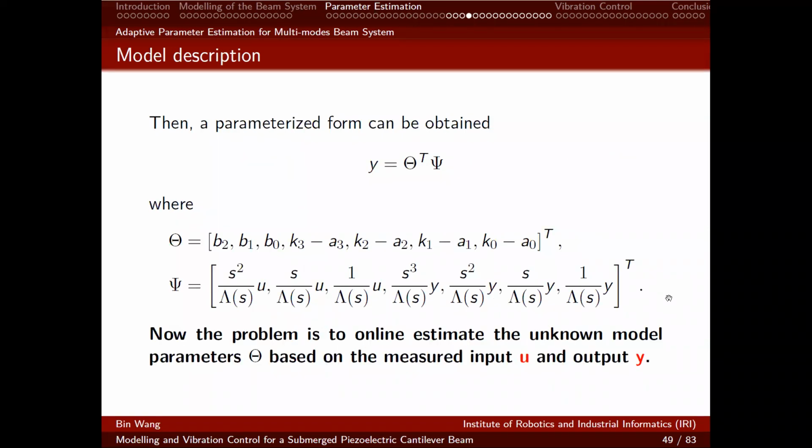Then we can obtain a parameterized form. So now the problem is to estimate the unknown model parameters based on the measured input u and output y. In this method, we don't need to measure all the states, as the states cannot be measured.